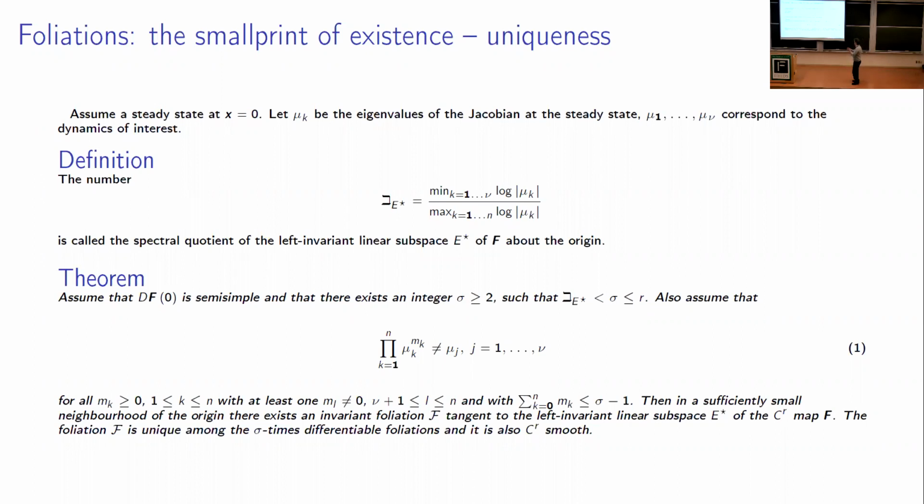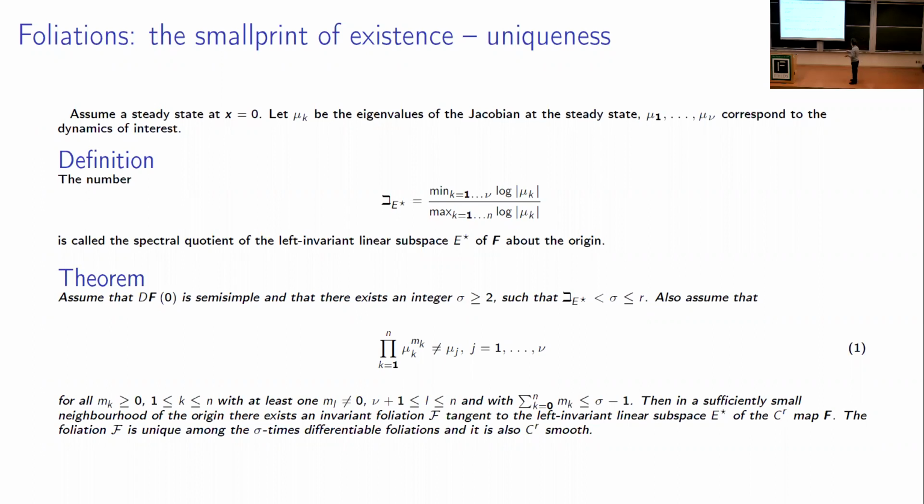foliation. Right, so we can define a so-called spectral quotient that is just some ratio between the logarithms of the eigenvalues about the equilibrium. And we consider the mu1 and mu2 eigenvalues for which we want to create the foliation, right?